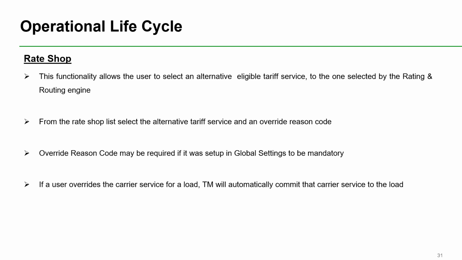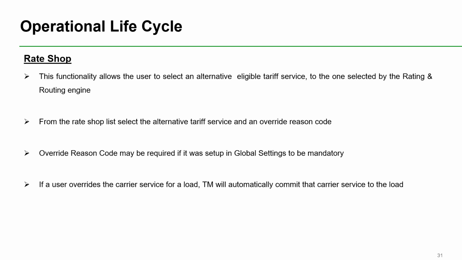For the same lane, Bangalore to Hyderabad, there are some more carriers, meaning truck companies, operating. I decided carrier 1, but I want to see what carrier 2 and carrier 3 are offering. So I will perform the rate shop operation.